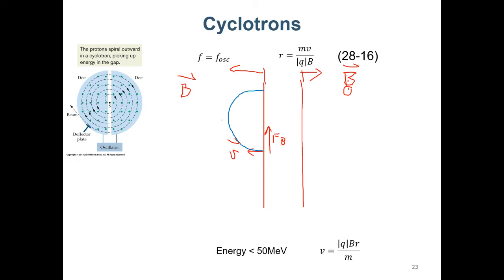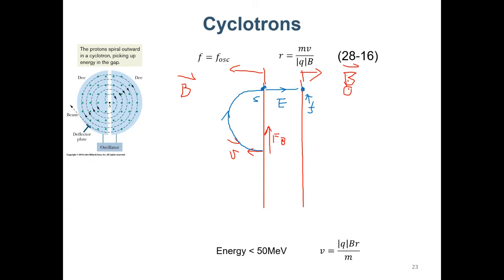So we can assume when the particle moves to this point, we make the E field point to this side. So it will accelerate. So this one will be faster. This one will be slower.